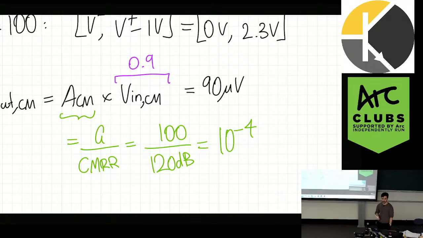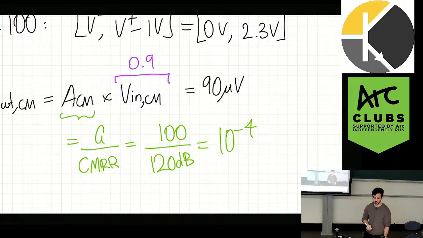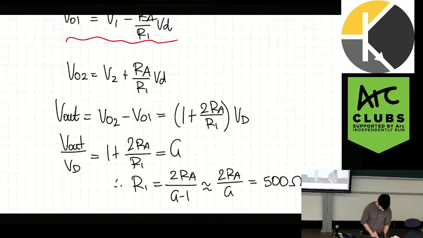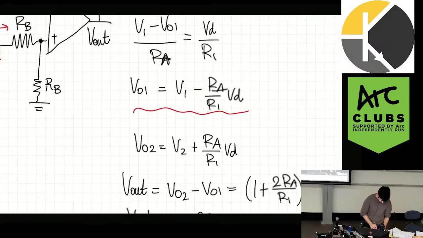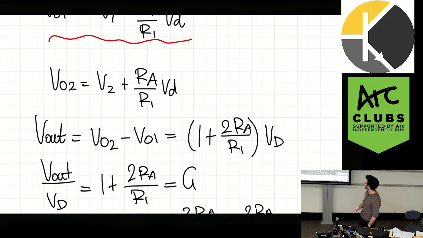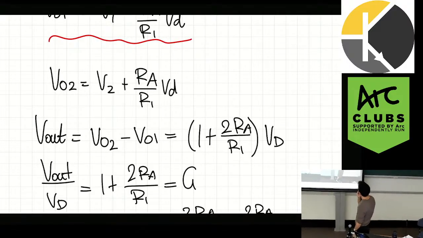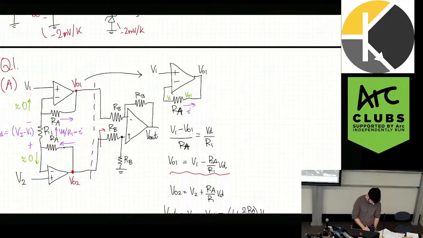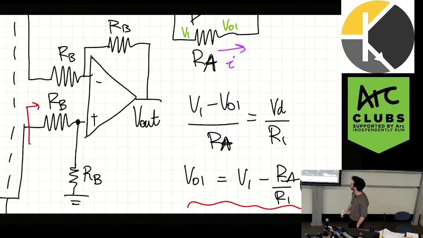So pretty insignificant, right? That means the instrumentation amplifier is really good at rejecting common mode signals. And one way you can kind of see that is from the formula we derived. So if we just look at the instrumentation amplifier by itself, the differential amplifier, if I was sending in a signal V1 and V2, ideally we set it such that the common mode gain is 0.